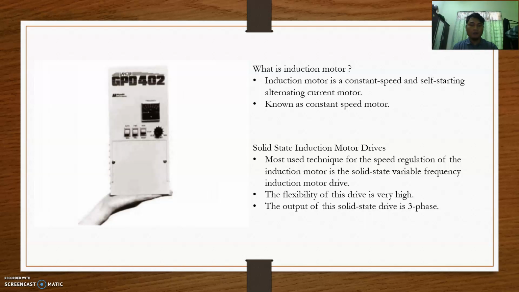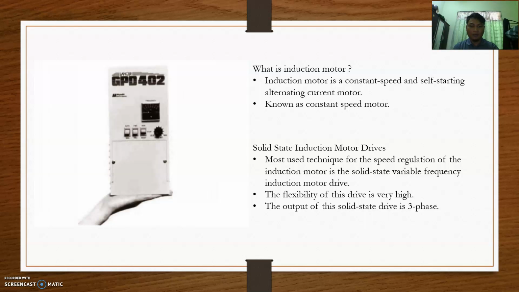Nowadays, the most used technique for the speed regulation of the induction motor is the solid-state variable frequency induction motor drive. You can see in the given figure a solid-state driver for induction motor. The flexibility of this drive is very high. It can be connected with one-phase or three-phase supply.